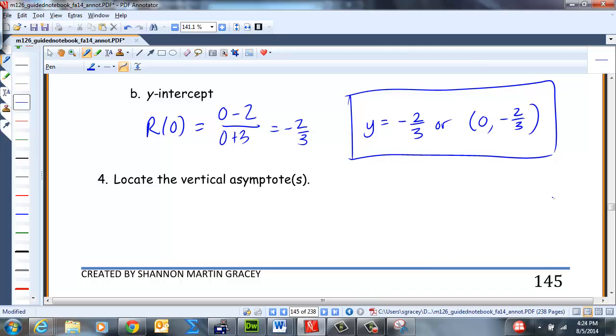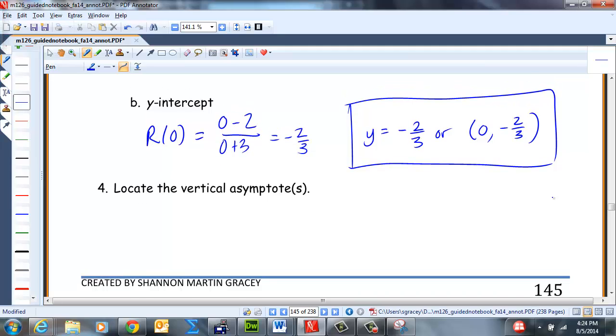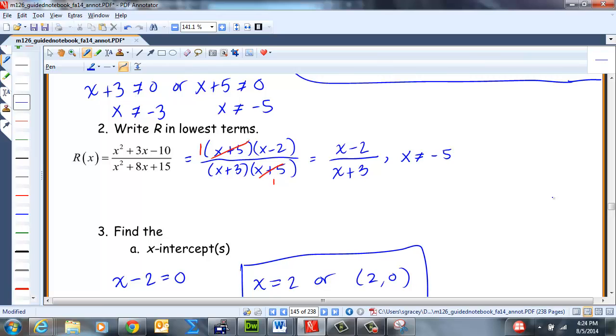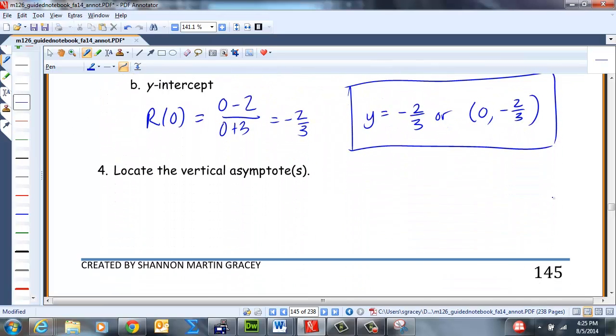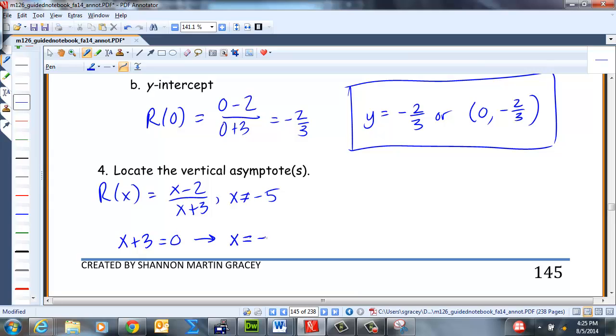Okay, so locating the vertical asymptote. It's kind of interesting. Since that x plus 5 divided out, we will just have one vertical asymptote. So remember that r of x was x minus 2 over x plus 3, x not equal to negative 5. So x plus 3 equal to 0 gives us x equal to negative 3 as our vertical asymptote.